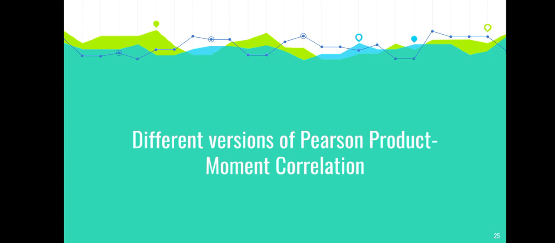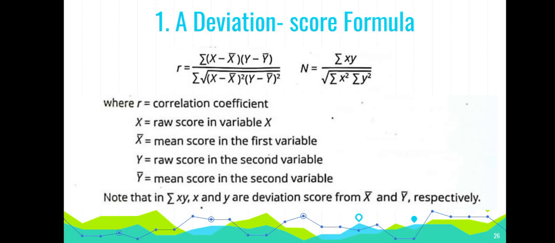There are different versions of it. Number one, the deviation score formula, where R is the correlation coefficient and X is the raw score in variable X.